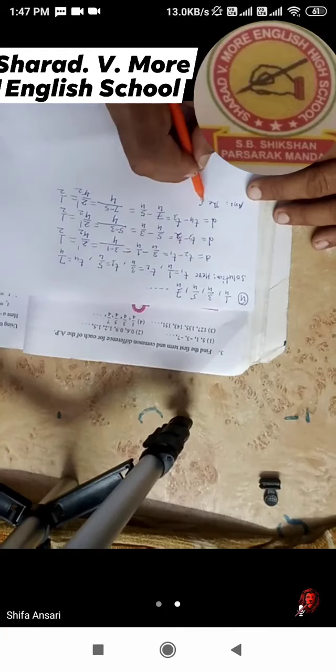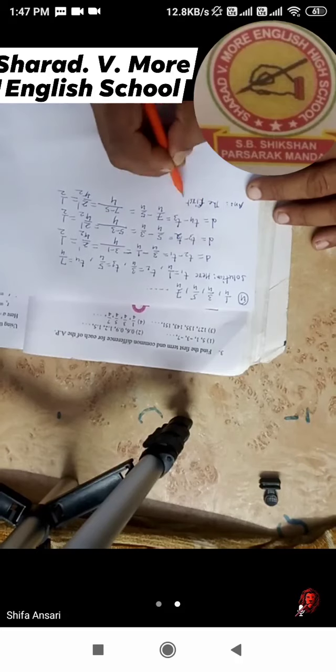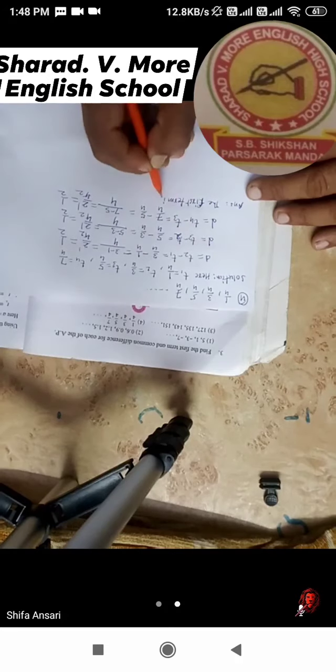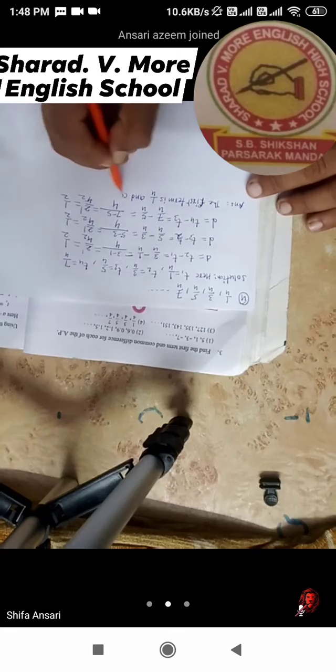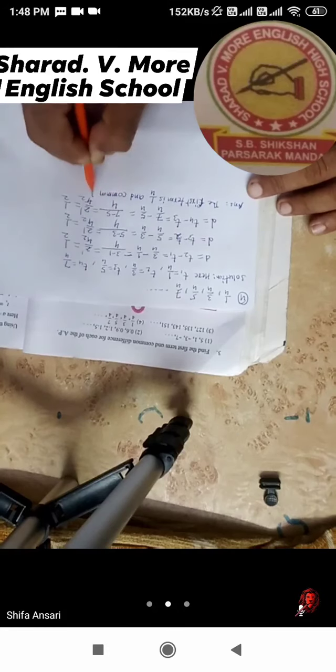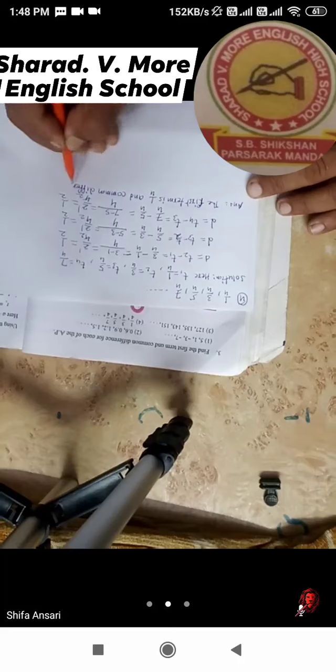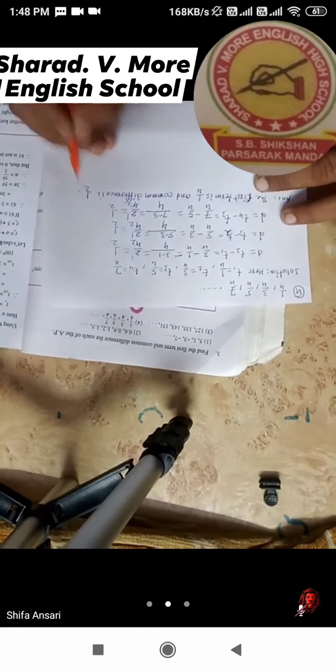So first we have to write down the first term. The first term is 1 upon 4 and common difference is 1 upon 2.